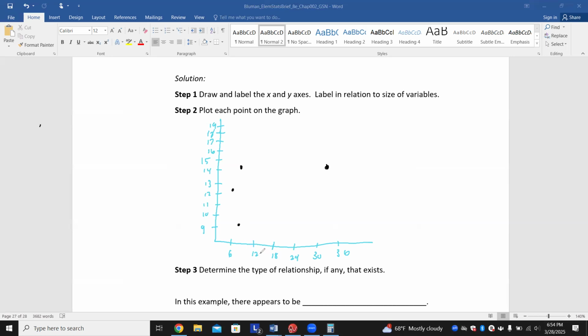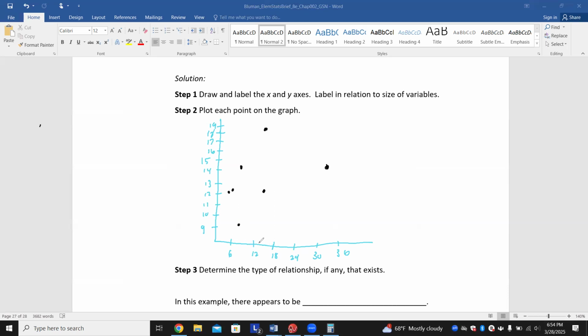Then we got 16. So 16 is probably about right there at 18.3. Then we got 15 right on the other side at 12.1, about right here. Then we got 6 on the dot at 12.3, so about right here.